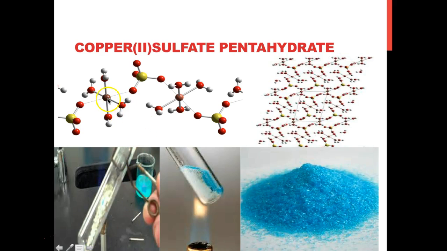You can see that this is the copper ion. There is an ionic charge that binds it to the sulfate polyatomic ion. This S is sulfur. The yellow colored ball is the sulfur, and you can see that the water, this is oxygen, the negative oxygen is attracted to the positive copper ion.